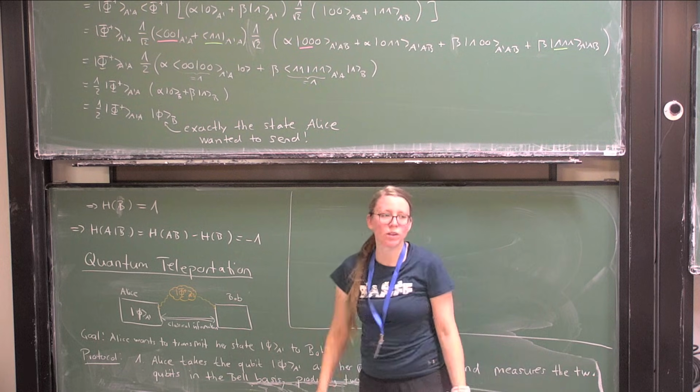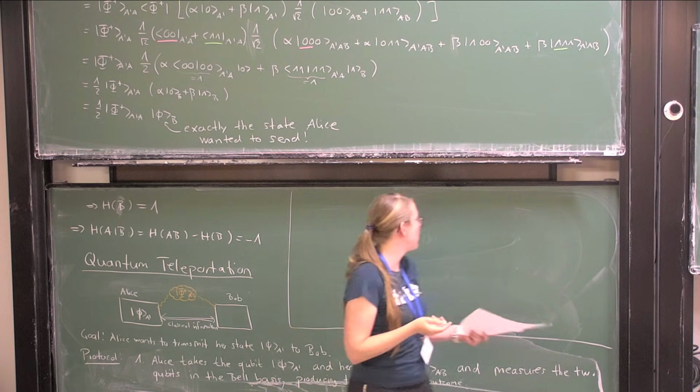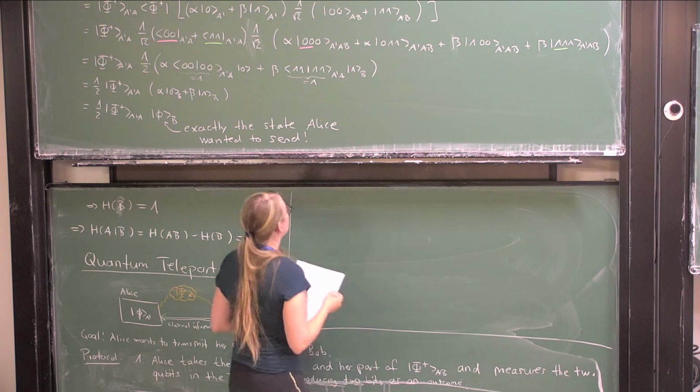So far, we also didn't need to send any classical information yet. So Alice and Bob actually didn't need to use the classical channel yet.